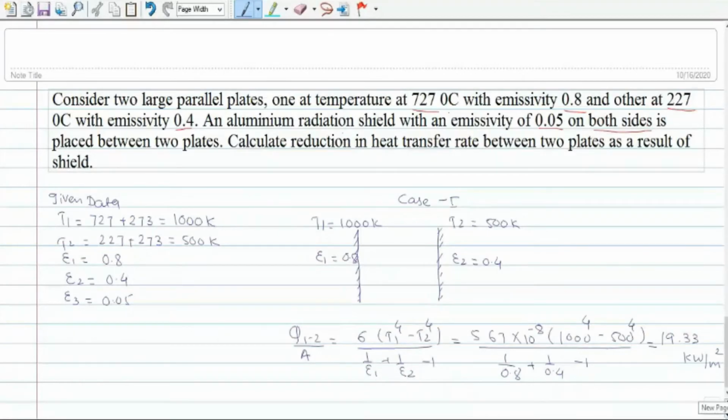Now we are going to analyze the second case, case 2. For situation 2, when we put the radiation shield. So this is surface 1, this is surface 2. One is at 1000 Kelvin, here it is 500 Kelvin.